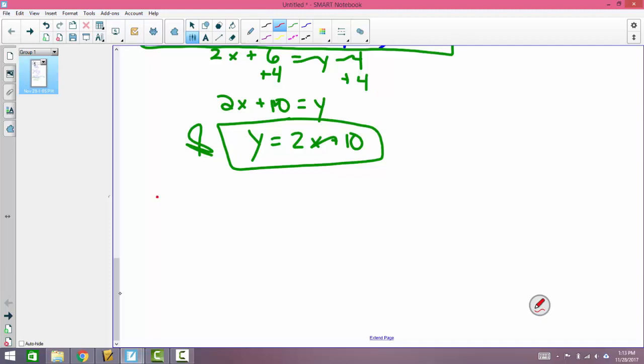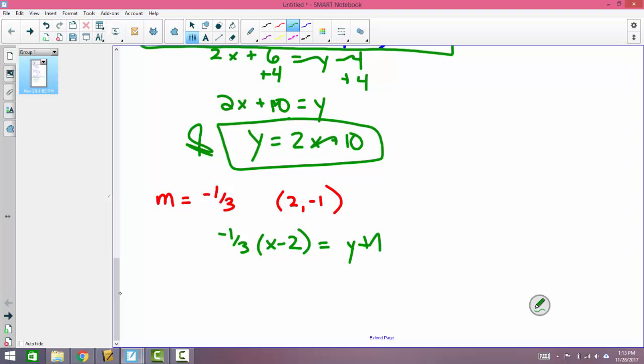So let's say your slope is negative 1/3, and your point is 2, negative 1. Go ahead and hit pause and see if you can write the equation for that. So you would have negative 1/3 times x minus 2 equals y plus 1, because minus a negative is plus a positive.